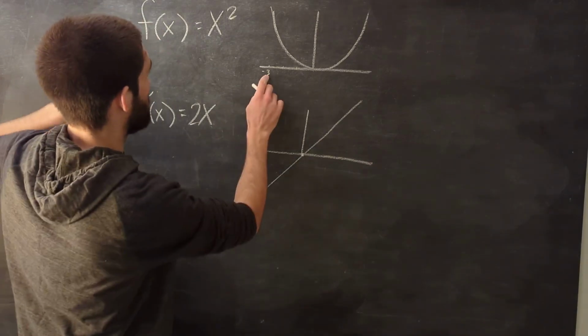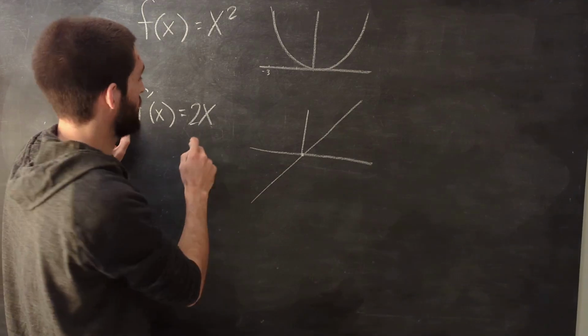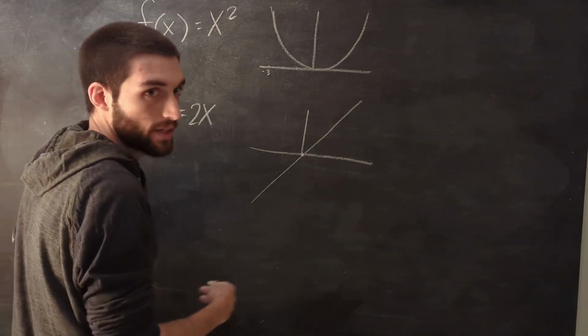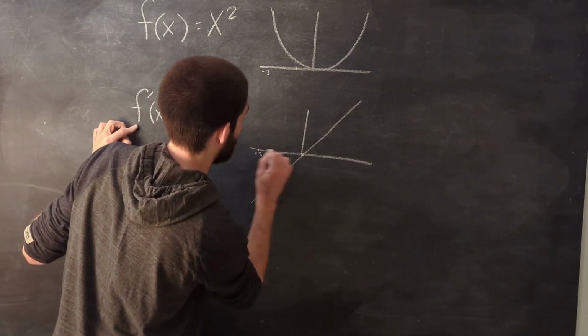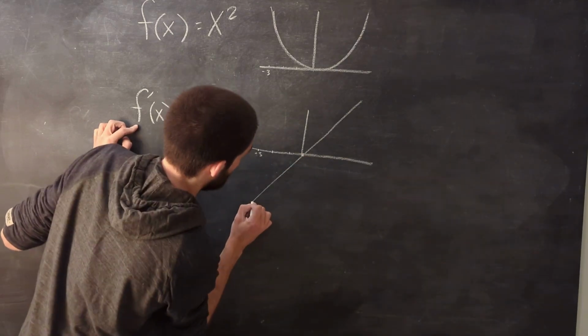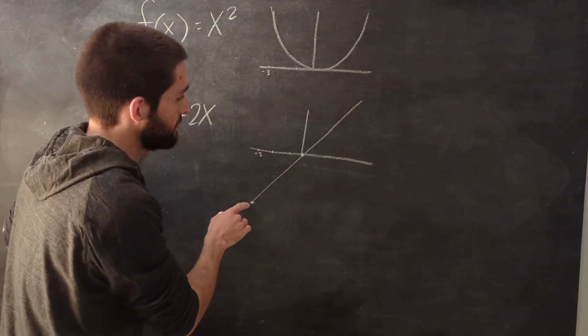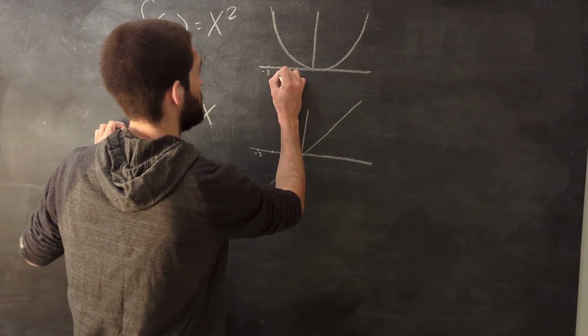And sure enough, if we plug -3 into the derivative, it will tell us that the slope is -6, because 2 times -3 is -6. So at x equals -3, our derivative is -6.